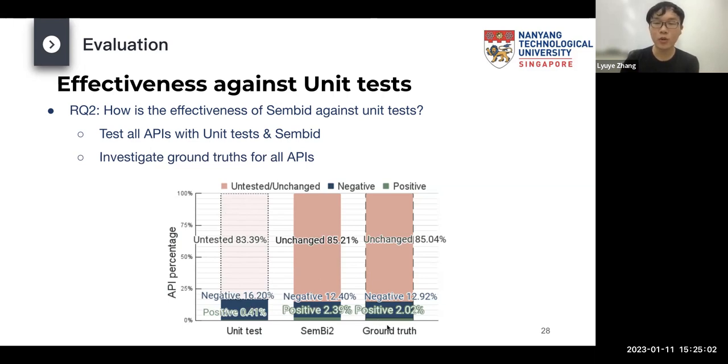In the ground truth, 2% of APIs are labeled as semantic breaking APIs, but the unit tests can only find 0.4%. And although our tool produces some false alarms, at 2.3%, the general performance is pretty acceptable because it can cover all the APIs, because it's a static tool, which doesn't require user-specified input.